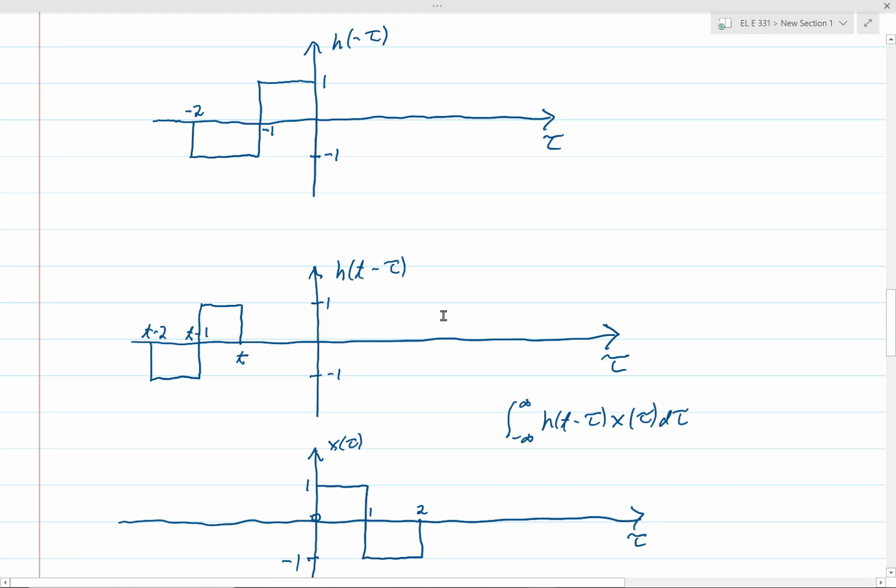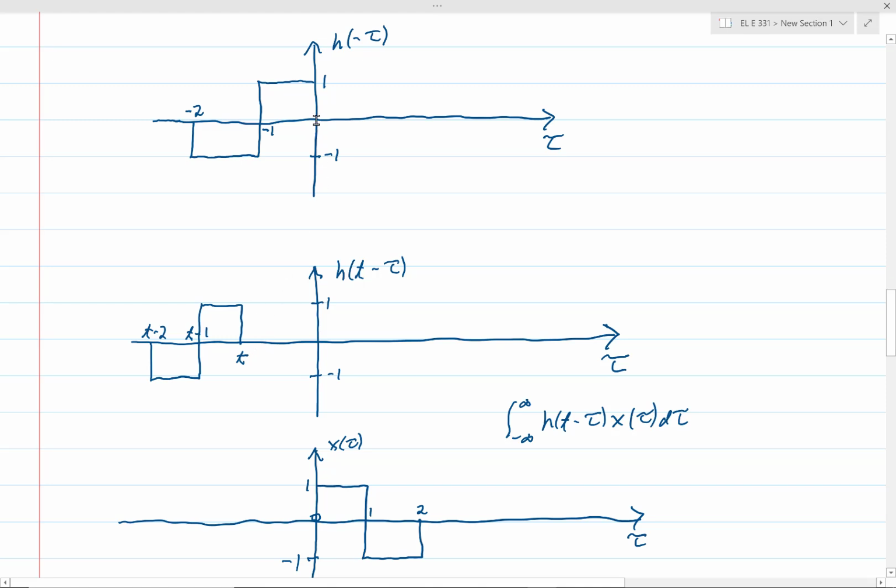And so then h of t minus tau, remember what we will usually do is we will think of shifting it to the left, because we don't know what t is at first, but we'll think of t as being a negative number, so that means it's going to be shifted over here. And what's really important is to get these different points in the graph correct.